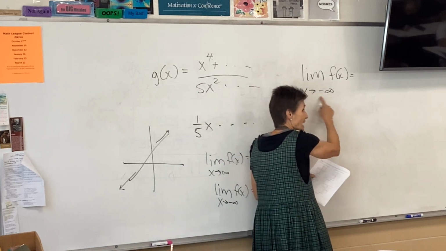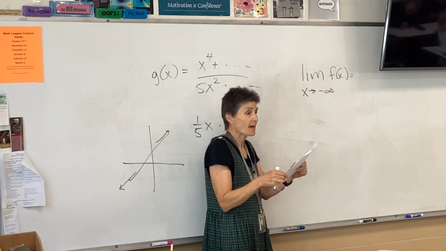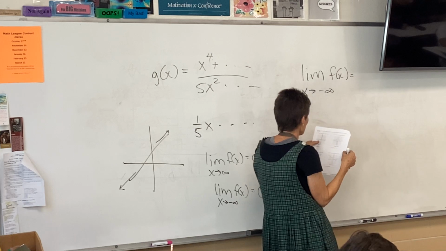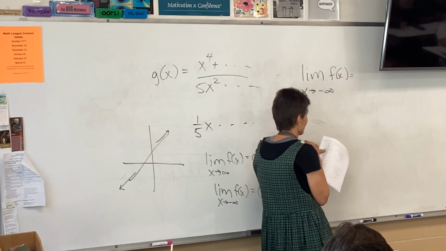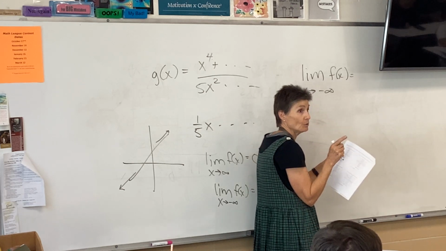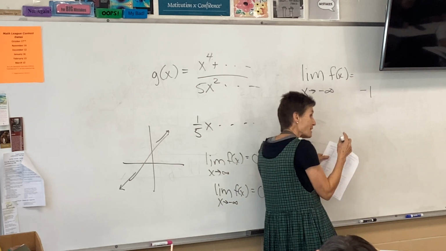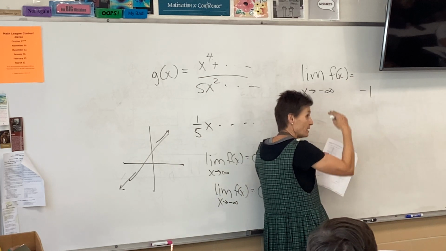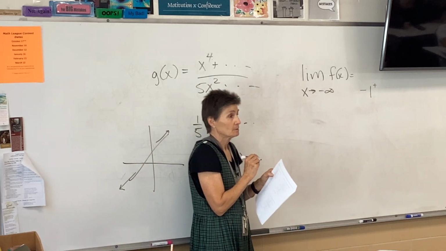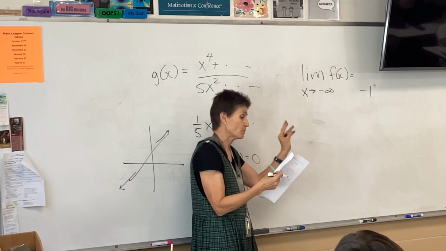So this is what's happening to the inputs. So I want to know, okay, what's happening to the outputs? Well, look at your picture. As you go left in number 13, what's happening? We're getting closer and closer to -1. And since we have a picture, we can even specify that we're getting closer to -1 from the top. That's it. We're done, because it said we're decreasing without bound.